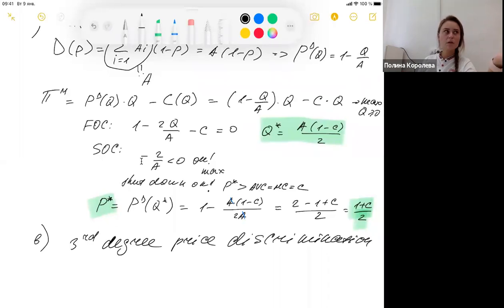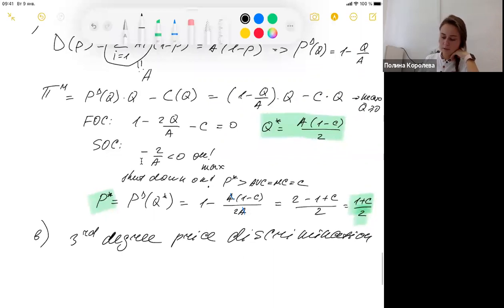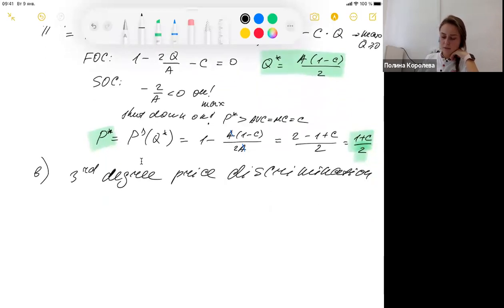We know the demands of each consumer, and we understand that this consumer has such demand. So we can verify the type of consumer. So good. And that means that we can charge different prices for each consumer.